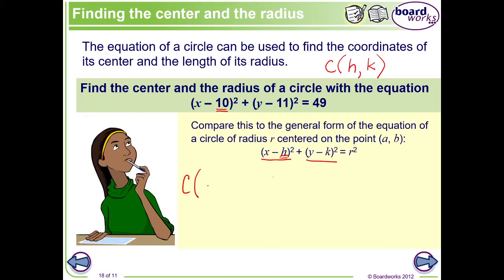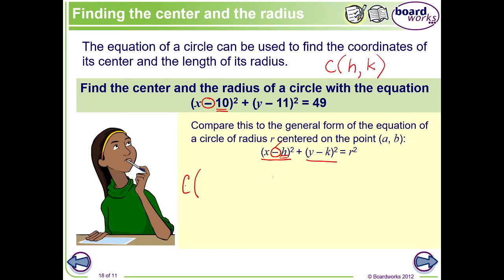Negative 10. Take note, should I borrow the negative sign there or is it only 10? 10, sir. 10 alone. That negative sign is the symbol in our standard form.